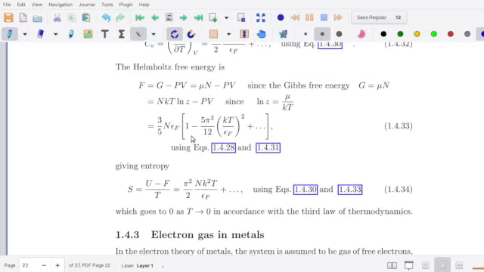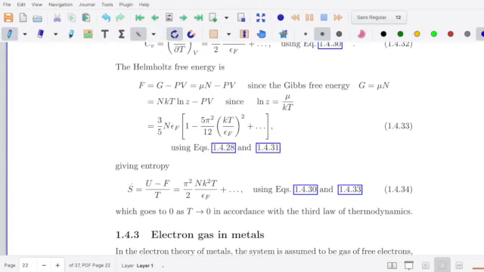and rearranging terms, we will get the final result 3 by 5 n epsilon F times 1 minus 5 pi square by 12 times kT by epsilon F squared plus higher order terms. Now given F, the entropy can be computed.